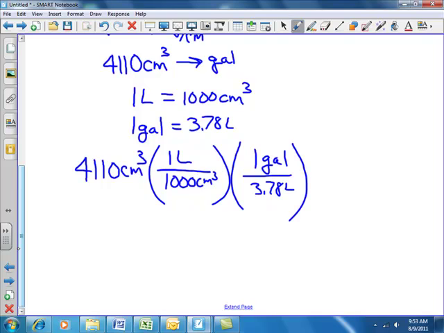Do some dimensional analysis, make sure your units work, and then do the math. You get 1.09 gallons, with correct sig digs.